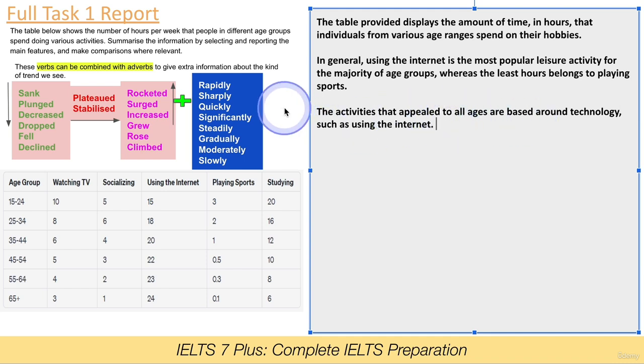So we'll state that maybe, such as using the internet. Okay, this category maybe appealed most to ages 65 and over, with 24 hours.